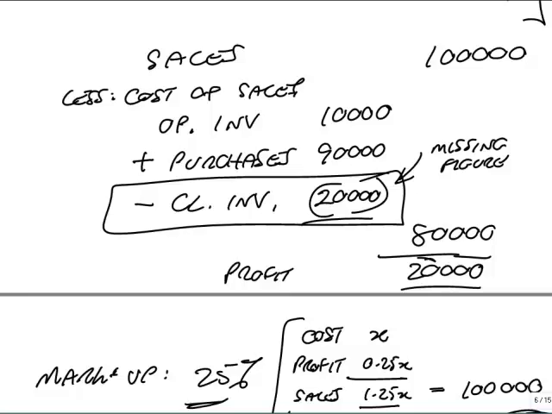If I gave you exactly the same question and said some of our inventory's been stolen, or destroyed in a fire, and there's only 5,000 left, how much was stolen or destroyed? 15. Do exactly the same. We've worked out what the inventory should be. It should be 20. If I tell you it's only 5 because there's been a fire or something, how much is missing? The answer's 15. Okay?